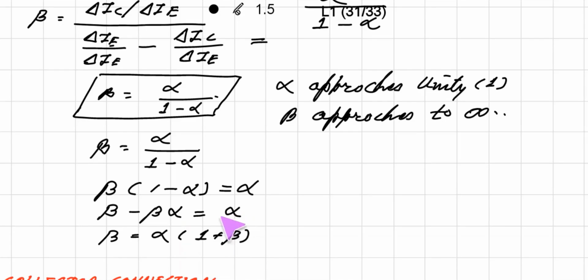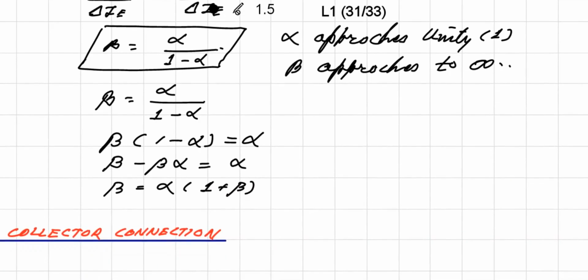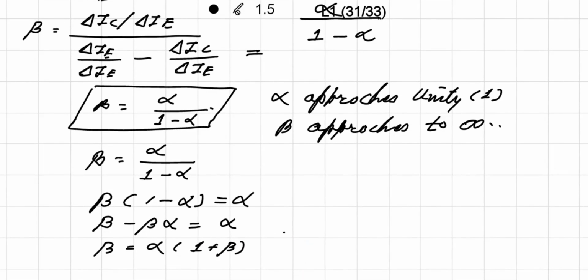So this minus term becomes plus here, that is alpha plus beta alpha, alpha is common, so 1 plus beta, and from this we can say alpha is equal to beta divided by 1 plus beta.